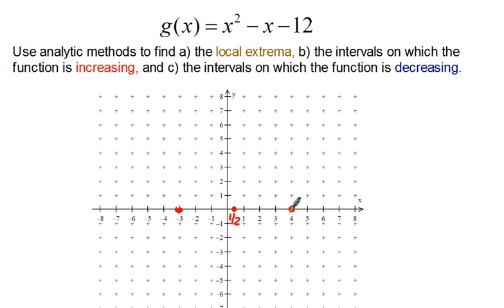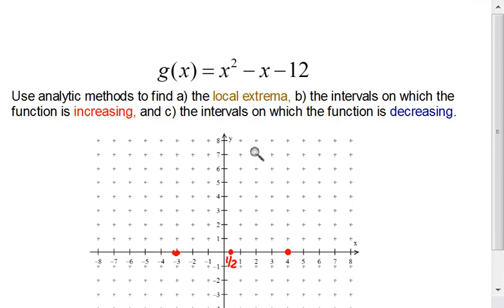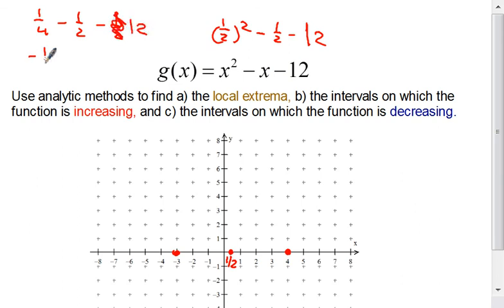And can we go ahead and plug in 1/2 and see what that gives? Okay, 1/2 squared is 1/4. And 1/4 minus 1/2 is -1/4.